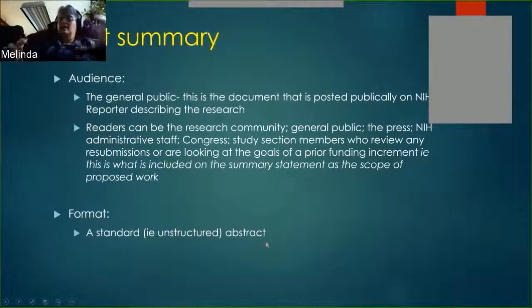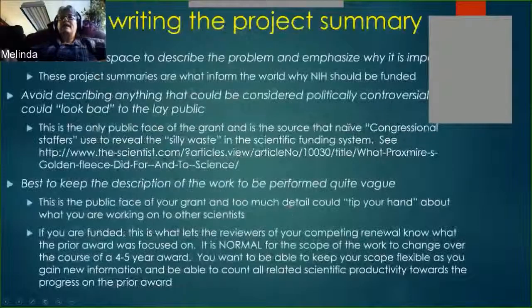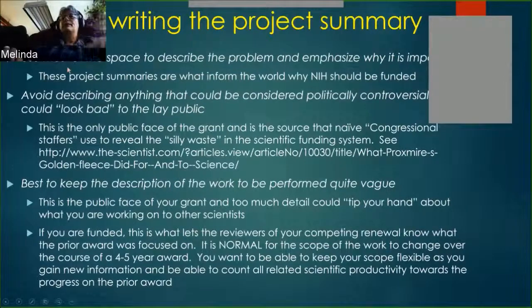So it's basically about the length of an abstract. Some things that I highly recommend: use most of that space to describe the problem and emphasize why it is important. This is because the audience is Congress, the audience is the general public.